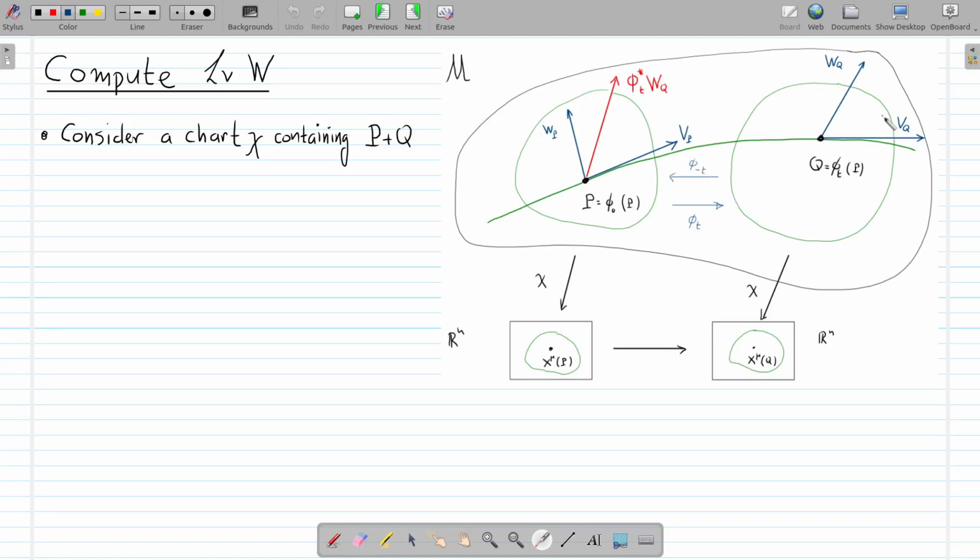Then let's consider a chart that contains a neighborhood that has both P and Q inside it.